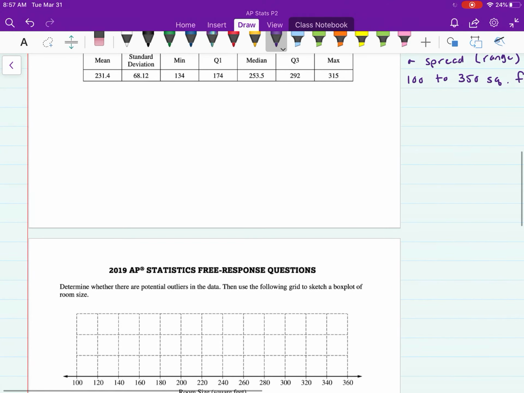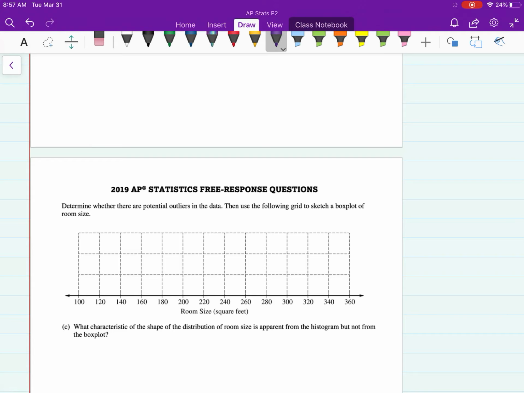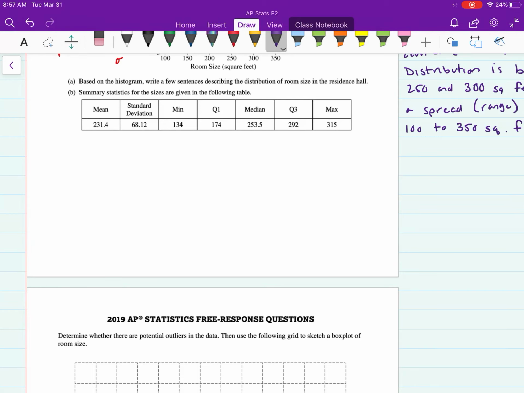Part B, here's some summary statistics, and it continues on the next page. Determine whether there are potential outliers in the data and use it to make a box plot of the room size. So to see if there's outliers in the data, we have to go over our outlier formula, which is Q1 minus 1.5 times IQR and Q3 plus 1.5 IQR.